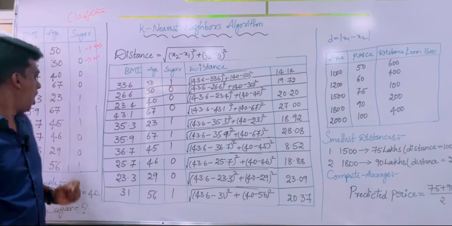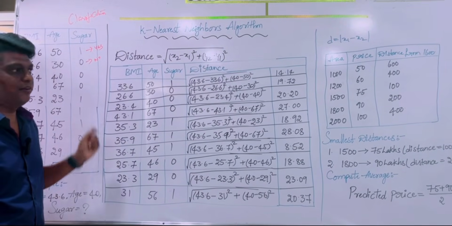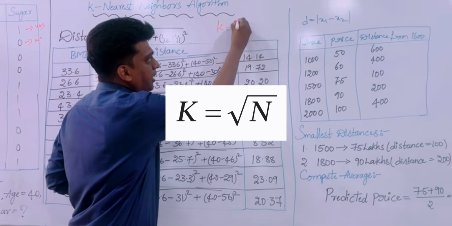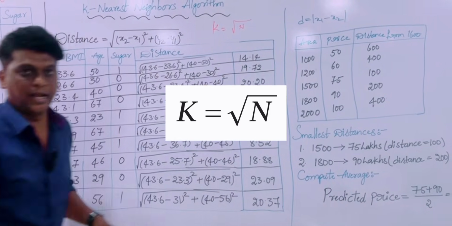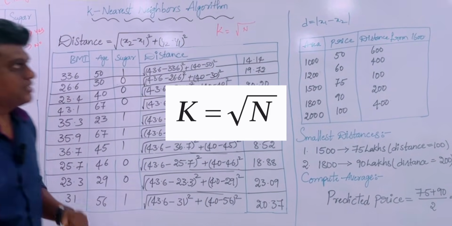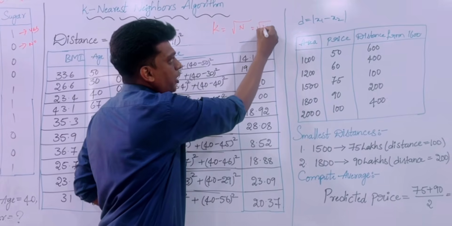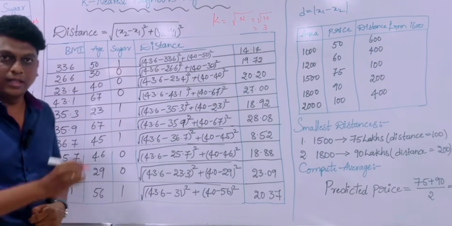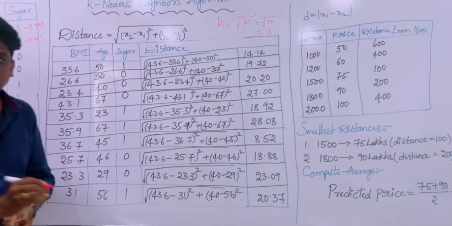Now how to find this k value? k can be found as the square root of n. Here n is equal to 10, so the square root of 10 is nearly equal to 3. So for this problem k is equal to 3.